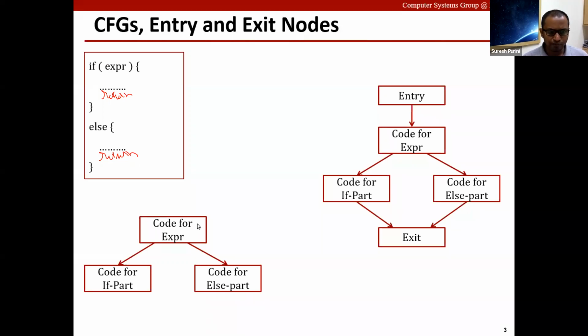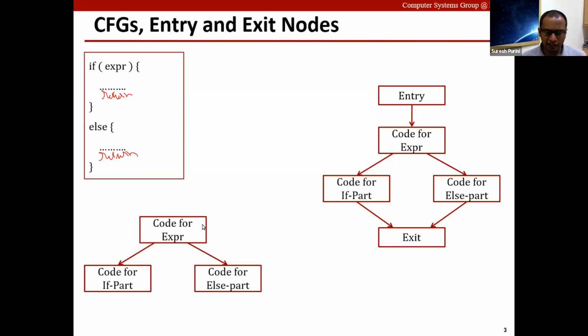So you will have a basic block in which there will be code for the expression, and then you will have a basic block for the if part, and you will have a basic block for the else part of the if statement. And you can see that there are two exit points or two return points, and there is one entry point, but the entry node has some instructions present in it.